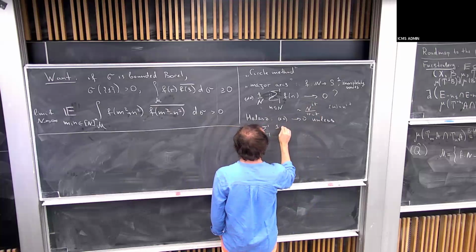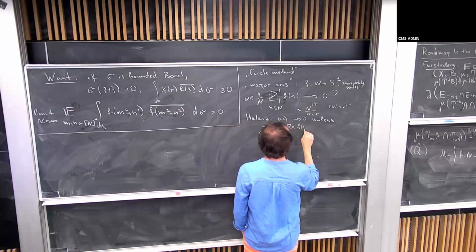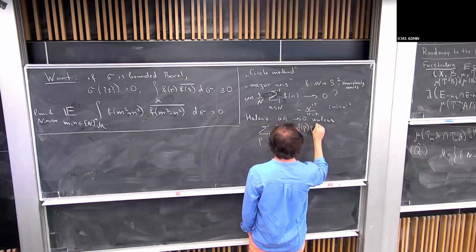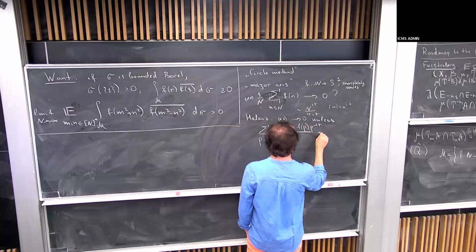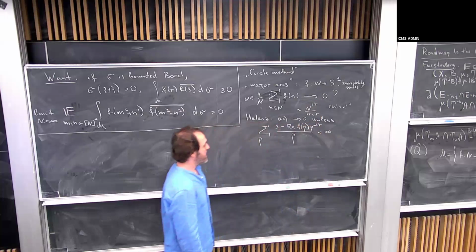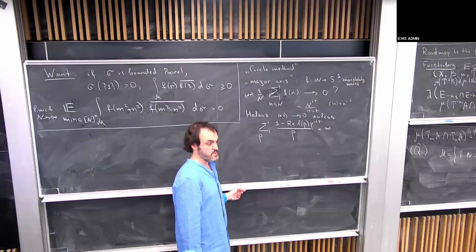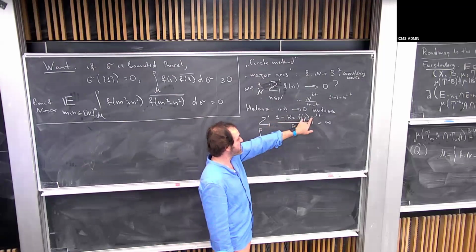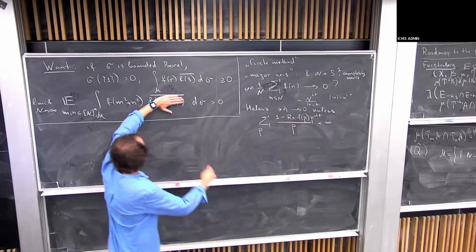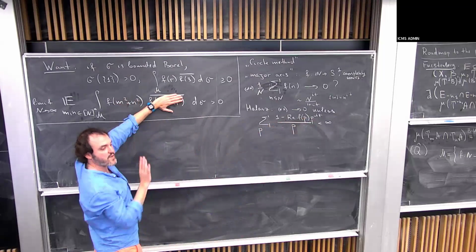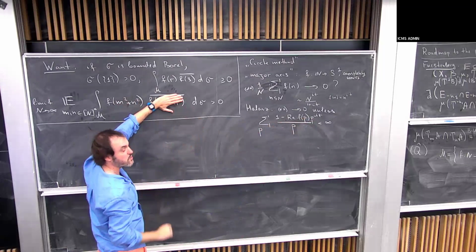So if you average over primes of this strangely looking quantity, then this might not go to zero. So f is close to p to the it at many points. So at least we know that if we forget about this and pretend that here we just have f of n, there are some functions that might give us a positive contribution. They don't vanish the averages.